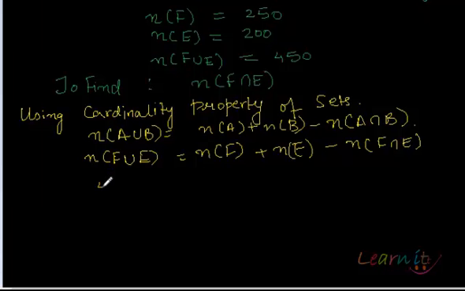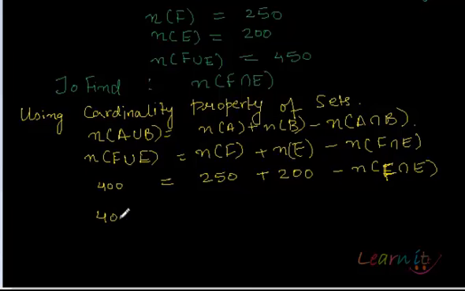We have that this union is 400, which is the total number of people. We know that French speaking are 250 and English speaking are 200. So how many of them speak both?